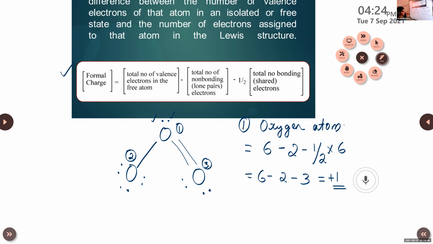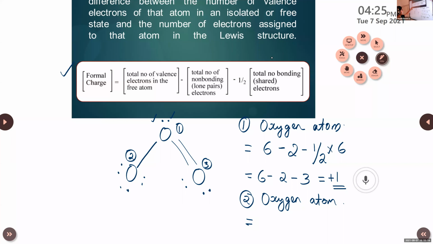That's the first oxygen atom. This is the formal charge of the first oxygen atom, or the oxygen atom at the center. Then we are moving to the oxygen atom numbered as 2. Here also the same equation can be applied, right?